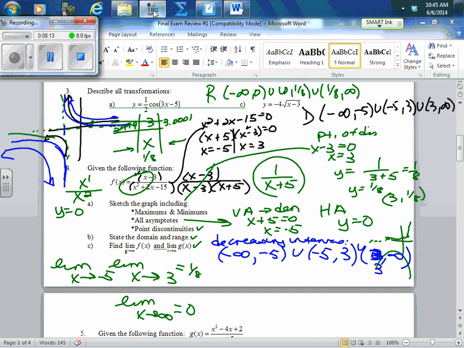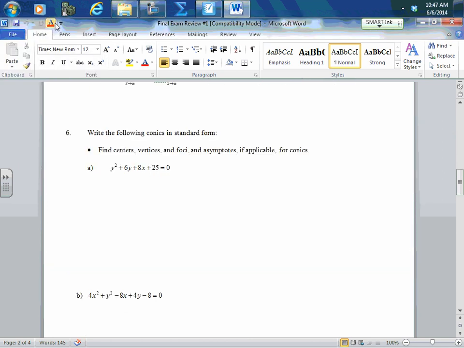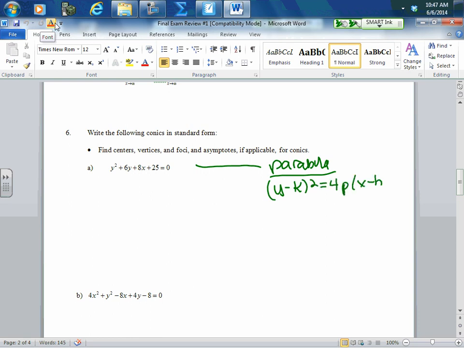Let me help you out. This is a parabola. It has this format. Remember, when you set this up, you're only completing the square of the y.